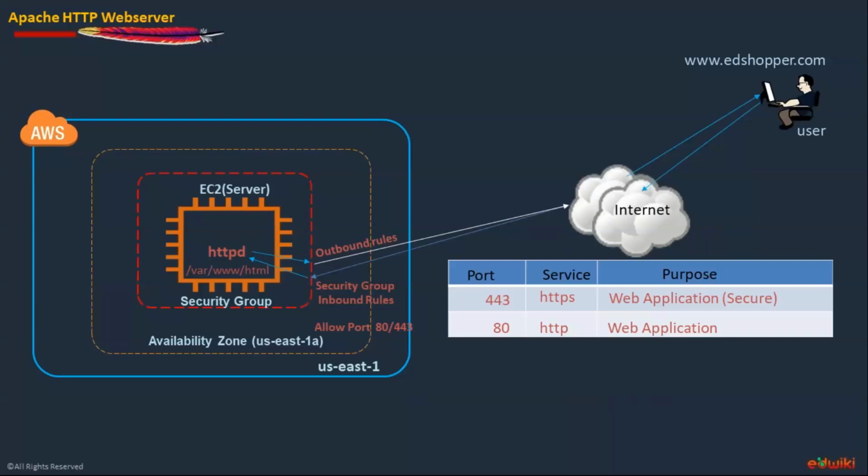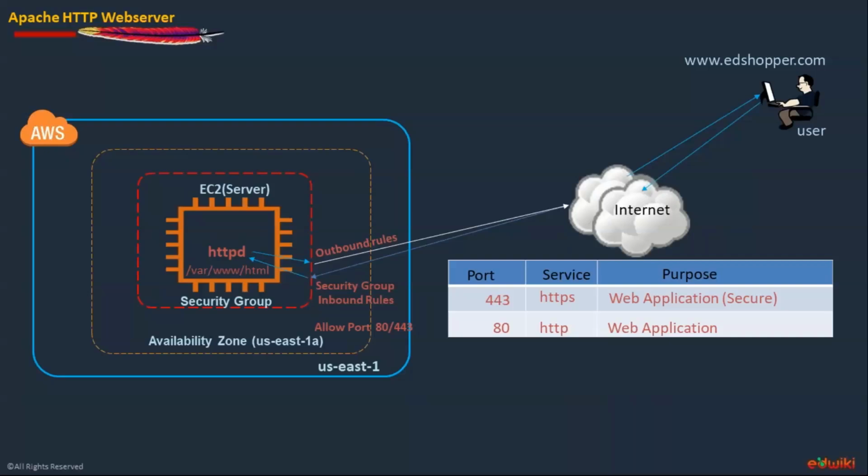So here the HTTPD, the service that I'm talking about, which has to be running in the EC2 server to listen on port number 80 and give the response back, is called the Apache HTTP web server application. That's the full form of your HTTPD service.